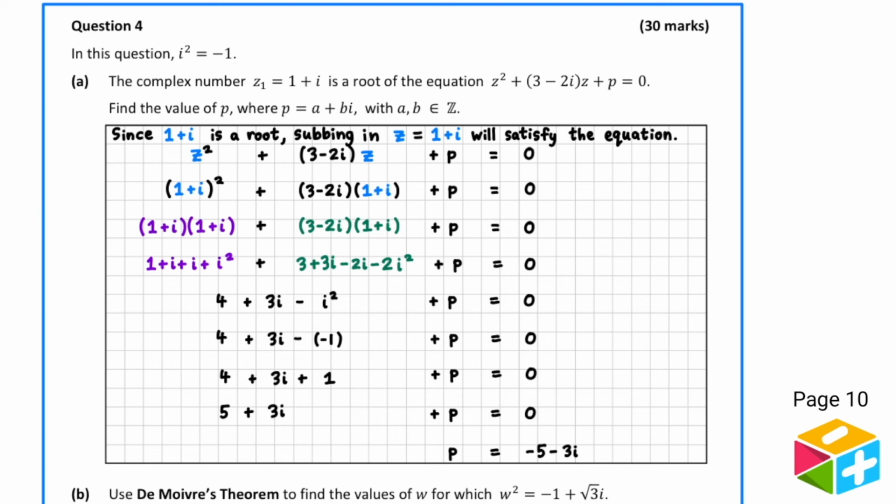From here, we can combine like terms. 1 plus 3 is 4. i plus 3i minus 2i comes out as plus 3i. And plus i squared minus 2i squared gives us minus i squared.